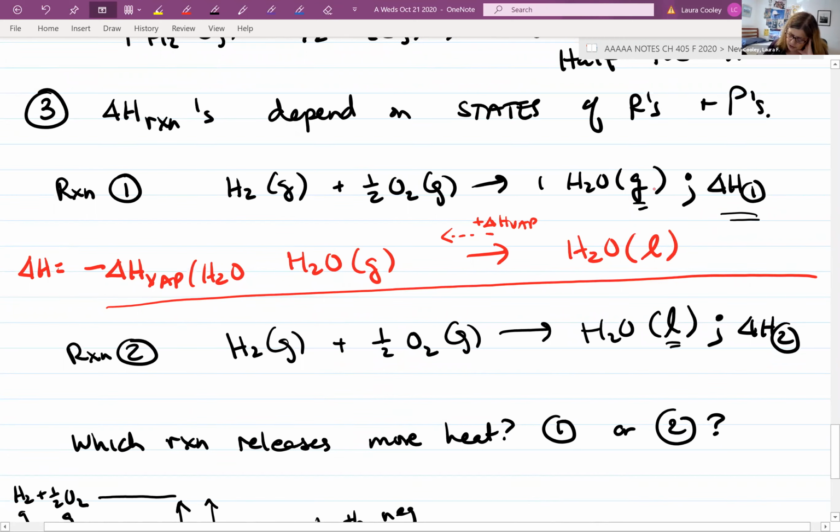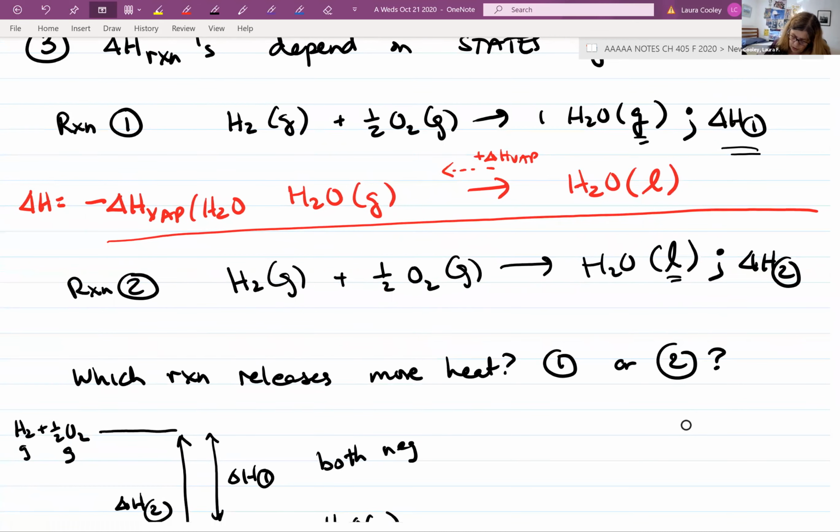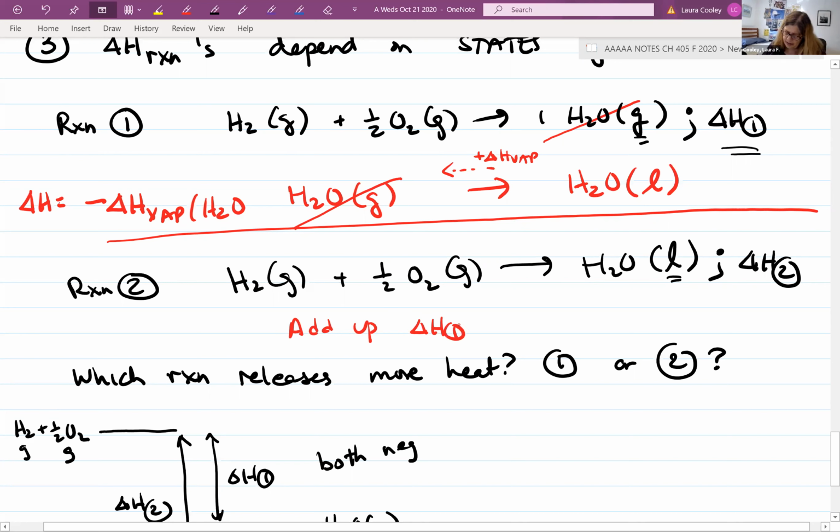If you go to gas phase and then go from gas to liquid, you've gone to liquid. So you see these cancel here, so I can just add up delta H1 and the negative of delta H vaporization, and that gives delta H2.